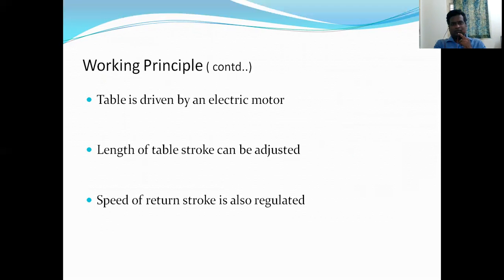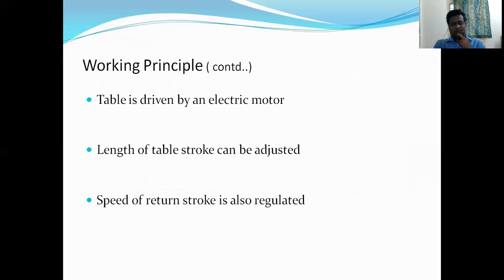So here also, suppose 10 length is the flat surface we have to do, so we have to give 30 length of stroke. That has been discussed in our shaper motion. Okay. So here the length of the table stroke can be adjusted and the speed of the return stroke is also regulated.